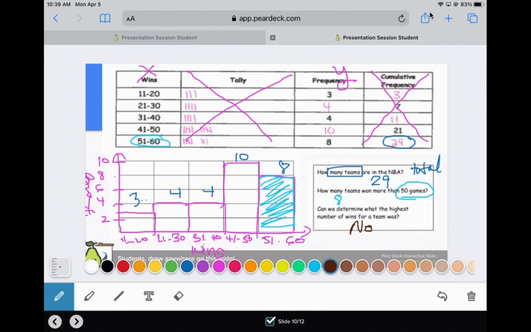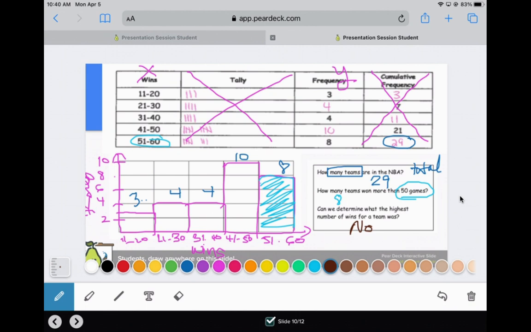All right, so let me check in with the chat. What was the last one on 10? Which one? For the third question, the answer is no. Rita, 18, okay. Yeah, remember guys that for how many teams, you're doing the total. So you always look at the last column of the frequency.